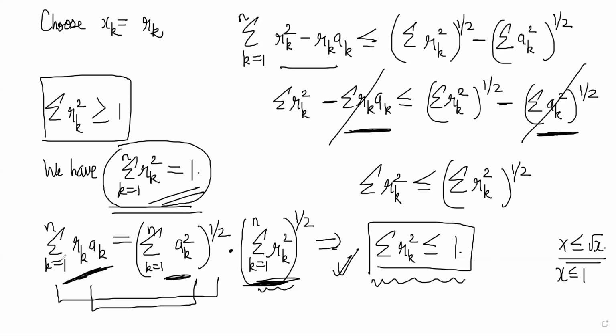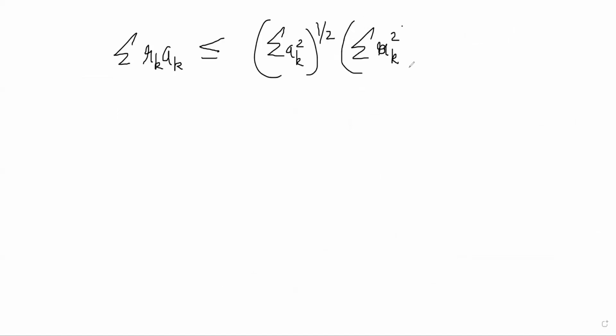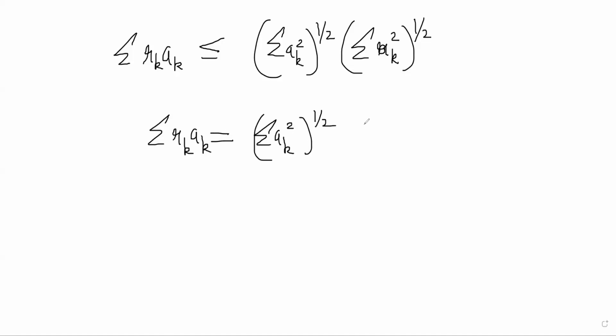So Cauchy's inequality, you should usually say what? You should usually say summation of rk ak is less than or equal to summation of ak square power half times summation of rk square power half. But in this case, we are getting summation of rk ak is equal to summation of ak square power half and summation of rk square power half.